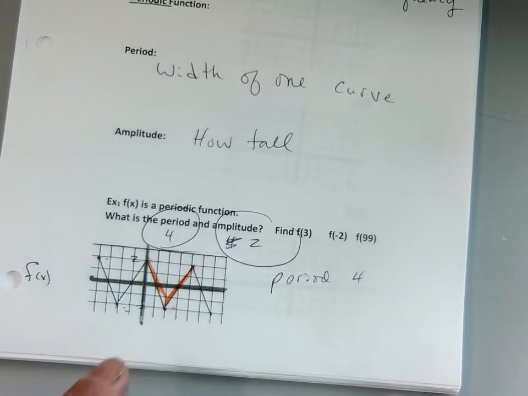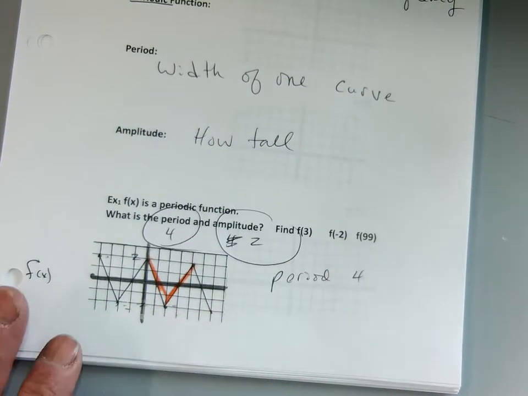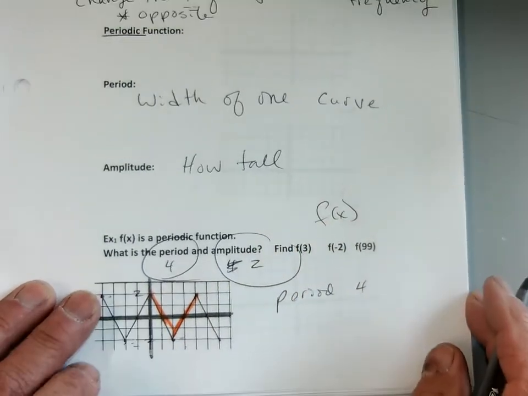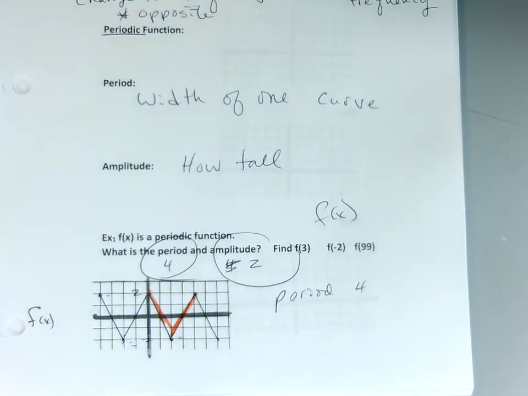Now, this goes forever. f of 3 is easy, right? Remember f of x? I was talking to my algebra kids about this, and they were really confused. But f of x equals y, it would equal the y value. So we go to 1, 2, 3. What's the answer? 0. Good, zero.